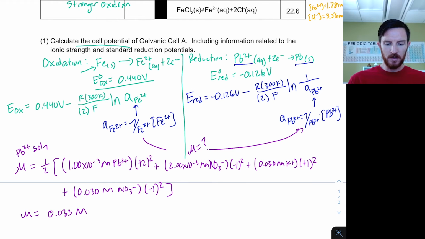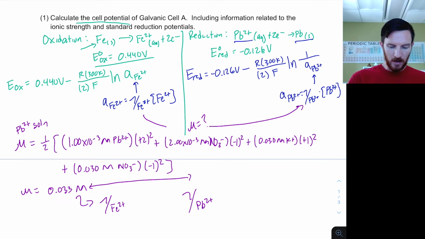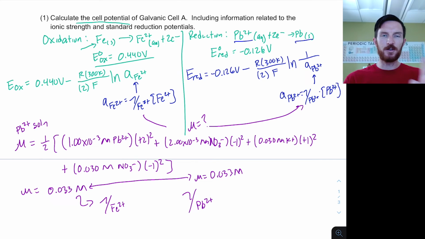Now we can use that to find the activity coefficients of both of our ions: the activity coefficient of iron 2 plus, and the activity coefficient of lead 2 plus. I'm only able to say the ionic strength of both is the same for these two different solutions because they have the same ions and concentrations present.